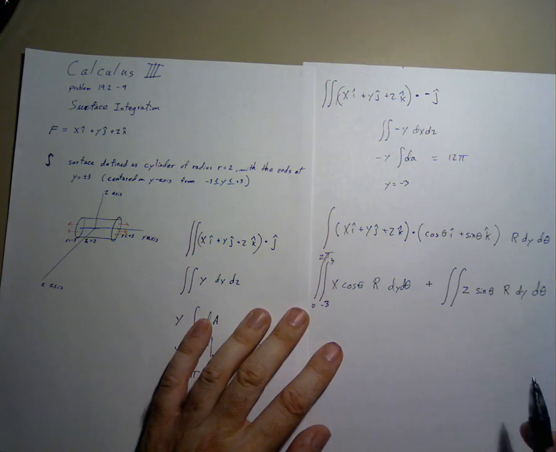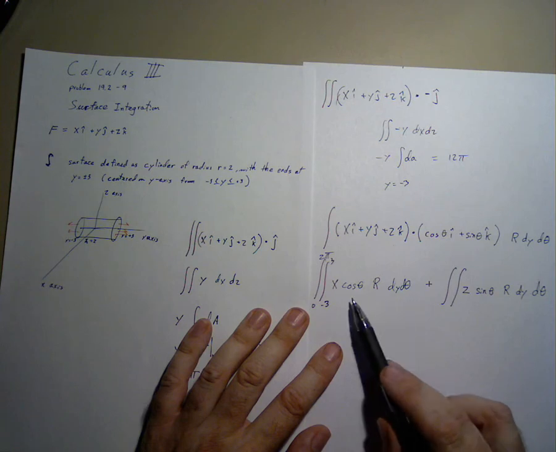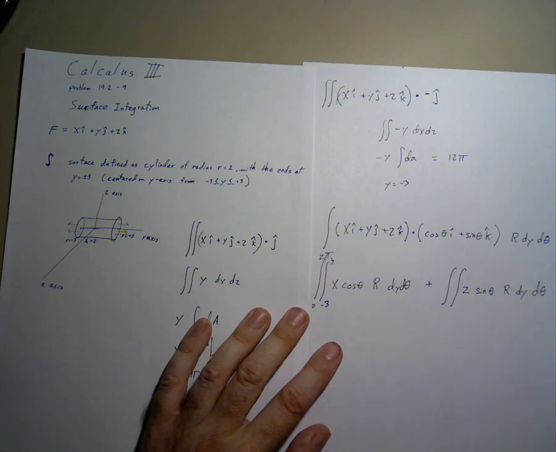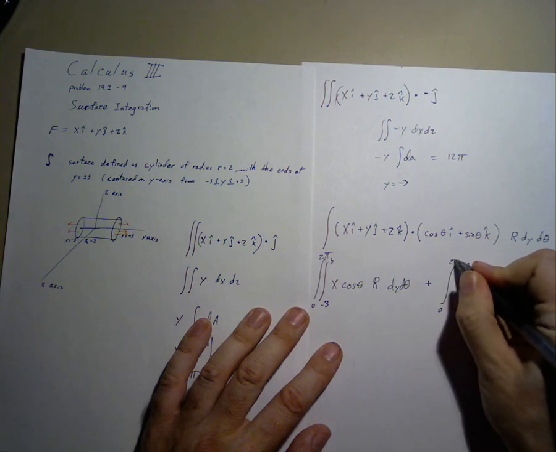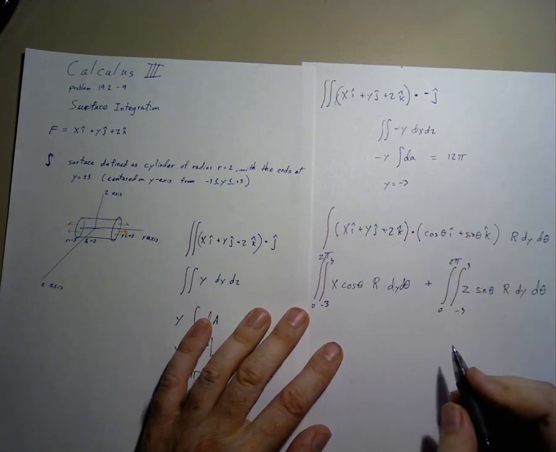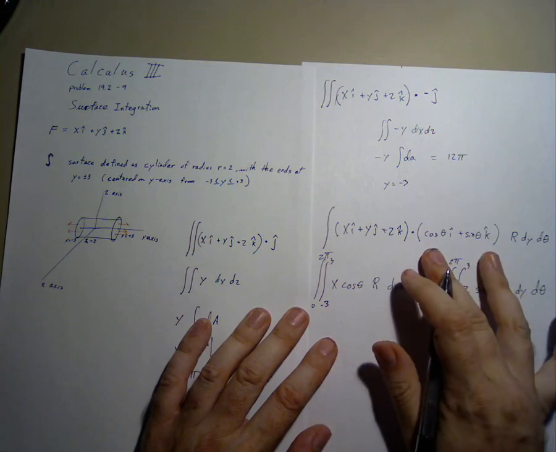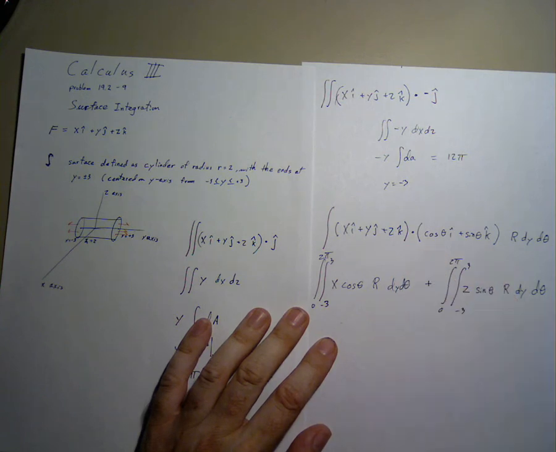Now, since we have everything in terms of y and theta, we need to find out what these are equal to. When we set this up, we needed cosine in terms of x and z, a ratio, and r.